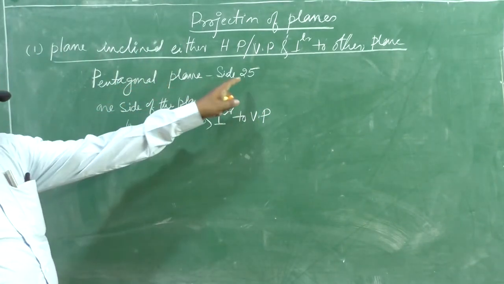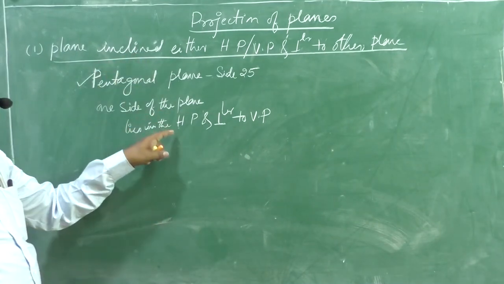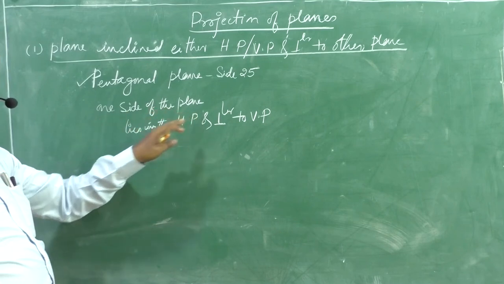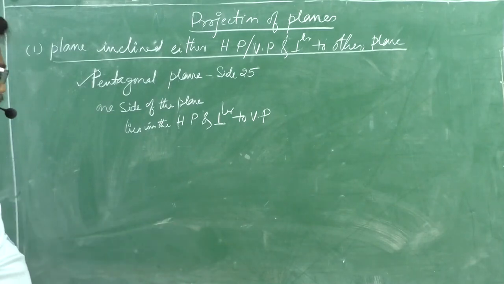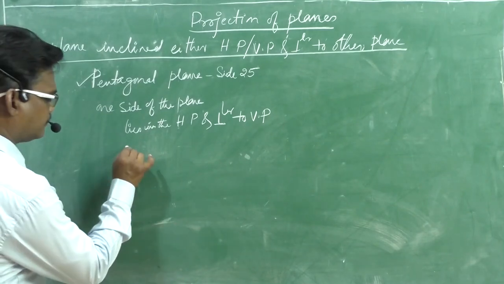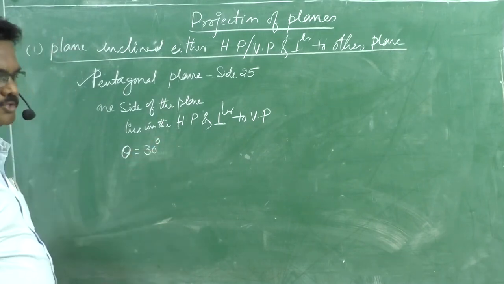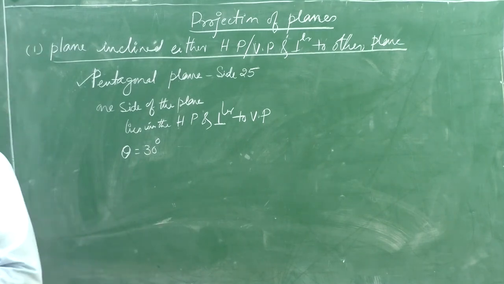The pentagonal plane side is given. This is the geometric parameter, and this parameter gives us its position. One of the sides of the plane lies in the HP, perpendicular to VP. Next, that plane makes an angle of 30 degrees with the HP. Right. Now we will imagine the respective position.